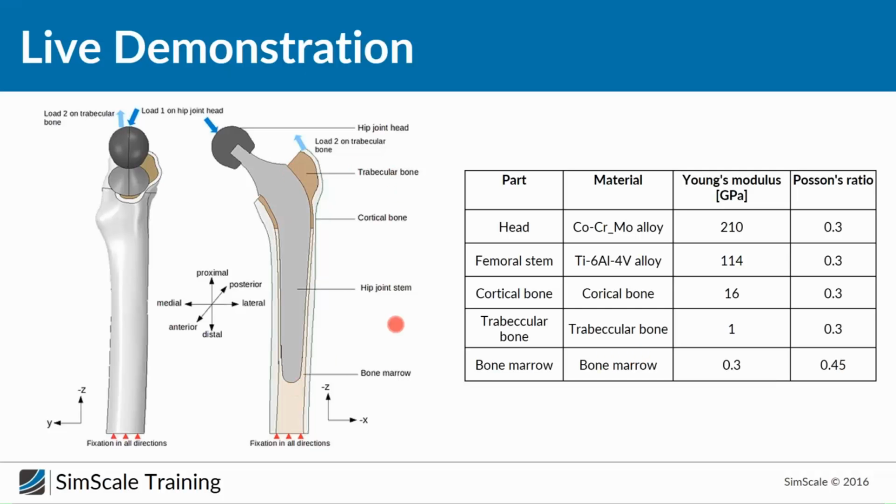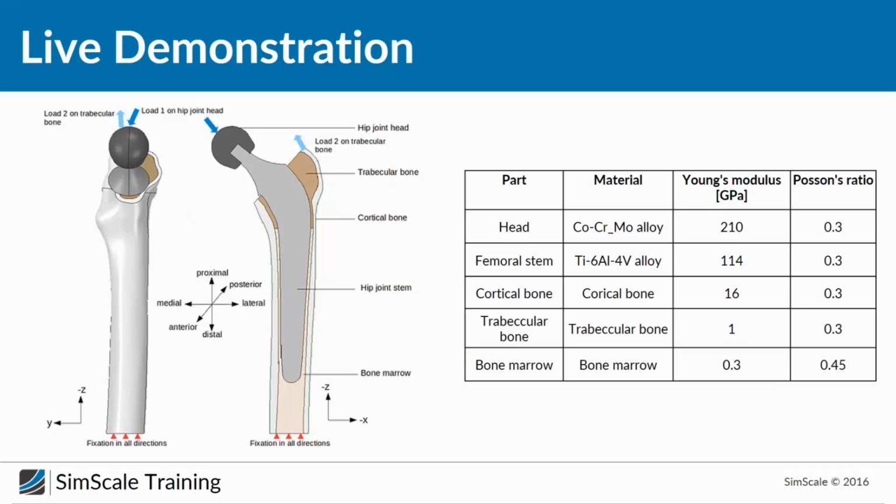We will simulate how, for this given load case, walking at 1 kilometer per hour, the stress will distribute inside this hip joint prosthesis. And the good thing is it will not only tell us if the design is strong enough and how much it will, for example, bend, but it will also give us insights about the stress distribution inside the bone and therefore about the risk of stress shielding.